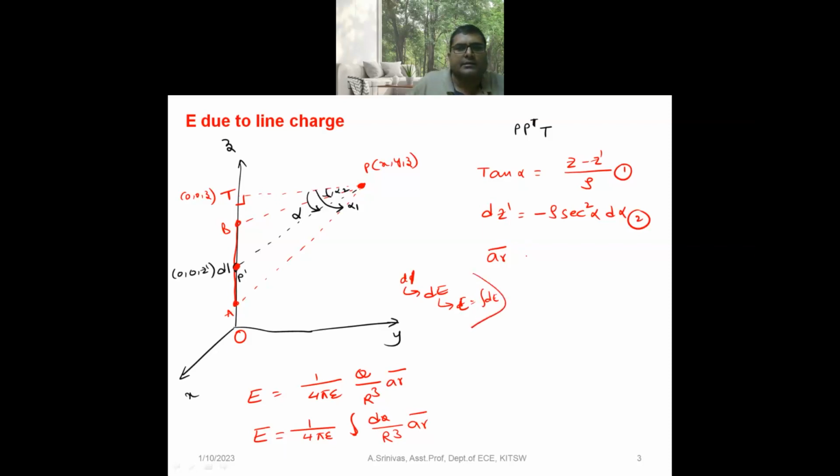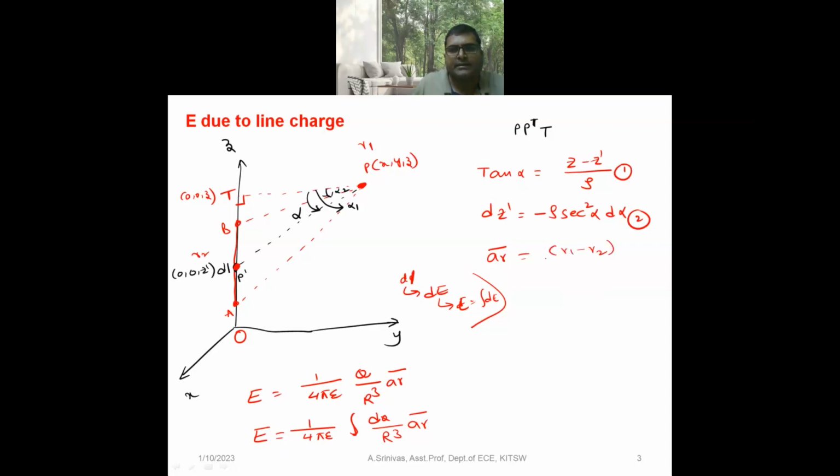And here our intention is to calculate the field at P, means the coordinates are, let us assume the position vector r1, it is r2. We are going to calculate the electric field at r1, means the position vector is simply r1 minus r2.